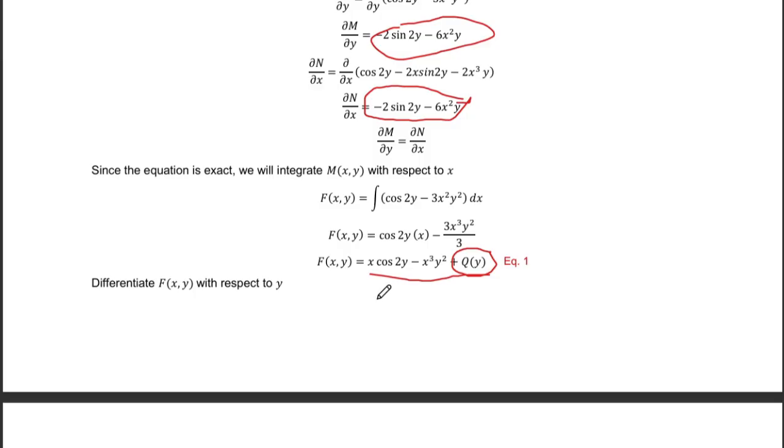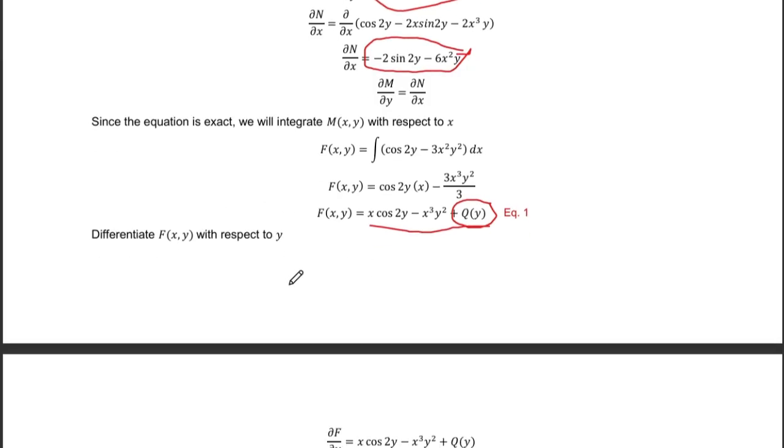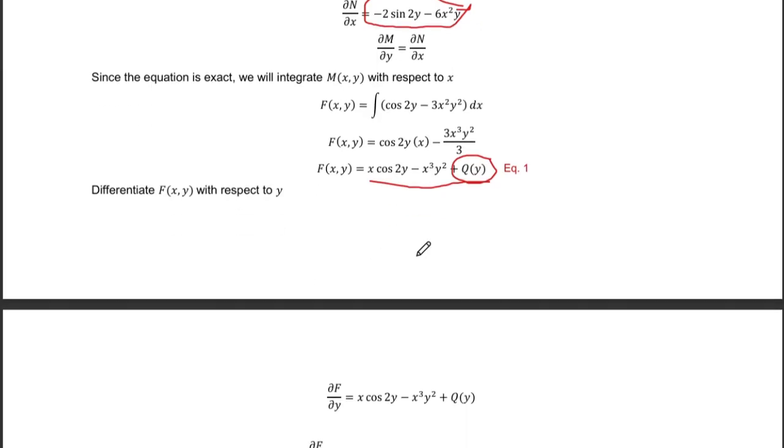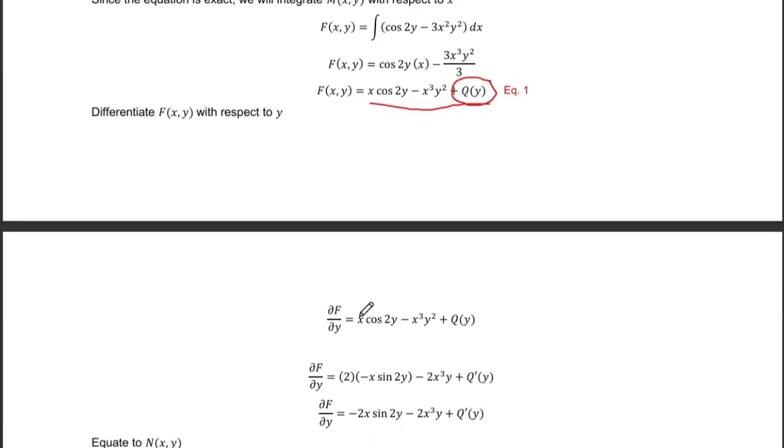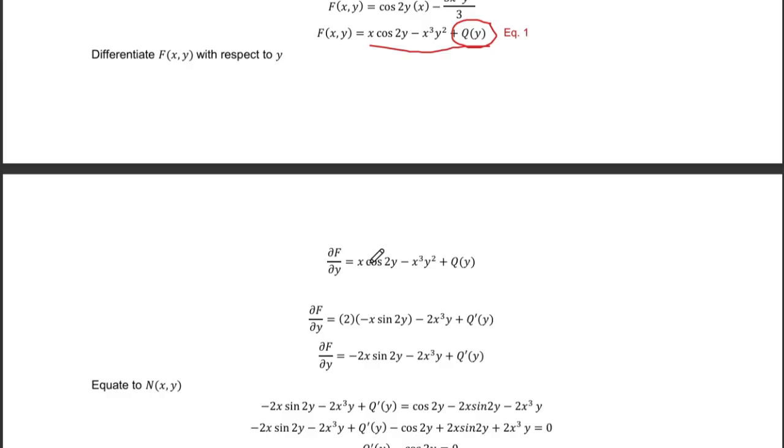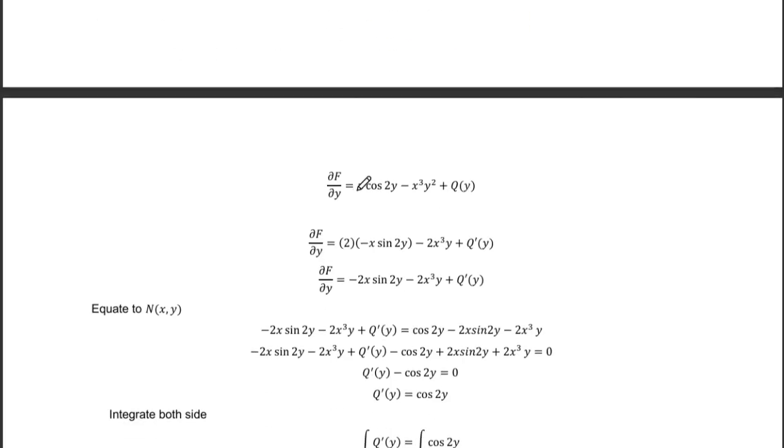Our equation 1 will be differentiated with respect to y. So the partial derivative of the function with respect to y, we have x cosine 2y minus x cubed y squared plus q of y. Deriving, we have 2 times negative x sine 2y minus 2x cubed y plus q prime of y.